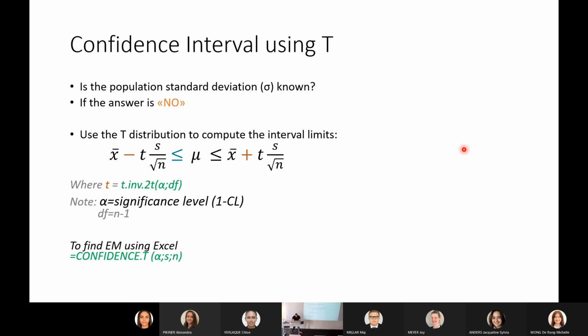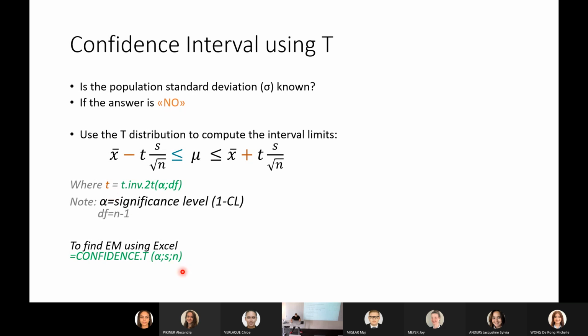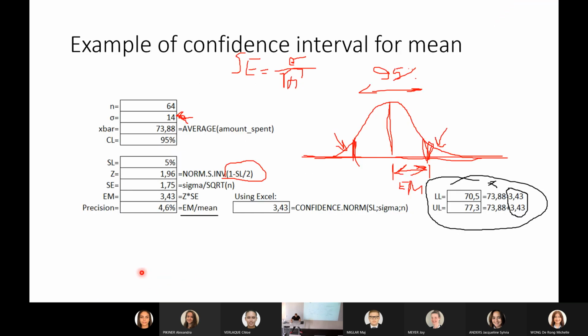As you see, the standard normal distribution is a bit different from the T distribution, so we have to calculate our interval using the T distribution. How do we calculate the T? We use the point T. You remember we had the point Z before, right?